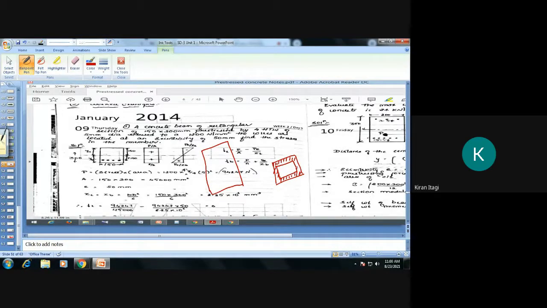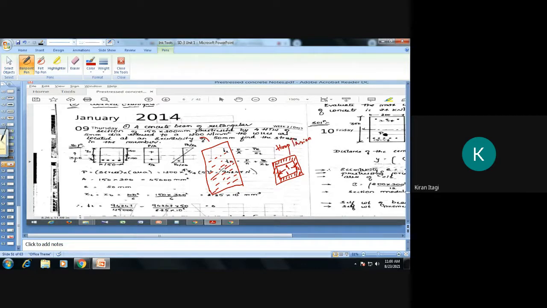For example, this is a water tank. Whenever you pour water here, whenever you apply water or liquid, some forces will be horizontal forces. The liquid will be acting on the walls. So that is nothing but the hoop tension.